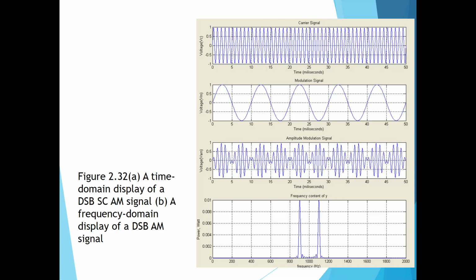Okay, so how to draw this waveform? I want to show you how to draw the waveform. When you draw the waveform, the things that need to be considered is over here. Okay, this is a very important thing to show. Ini adalah perkara penting yang perlu ditunjukkan apabila kita melukis double sideband suppressed carrier waveform.